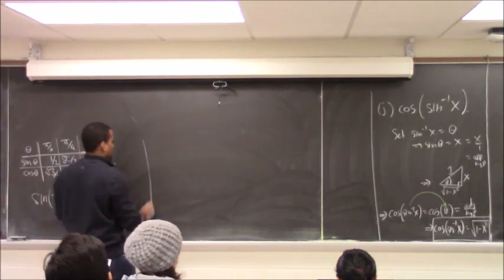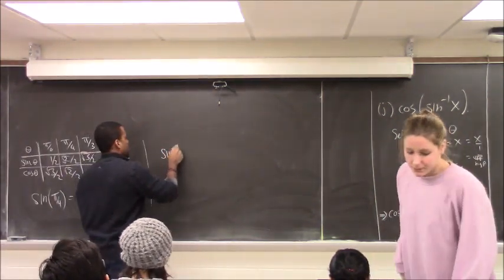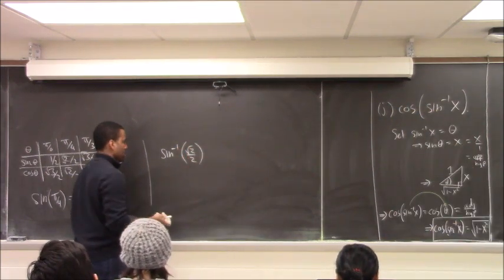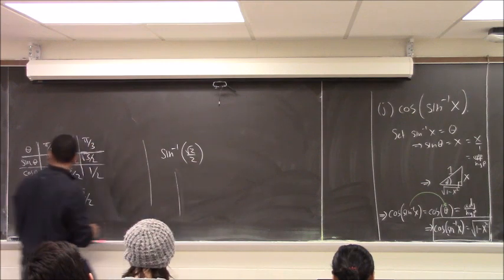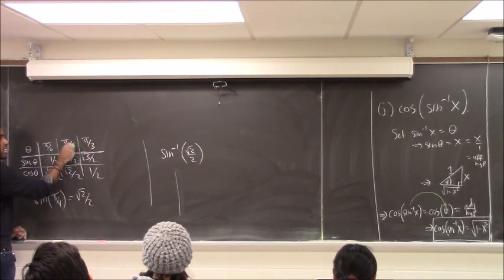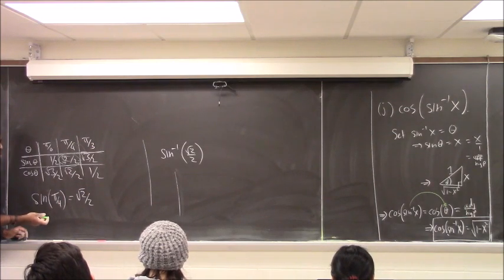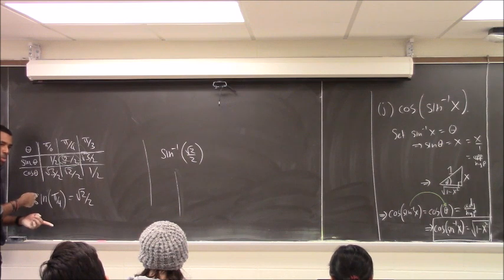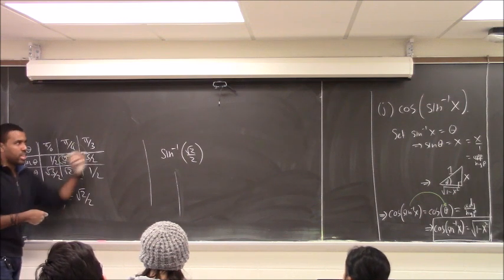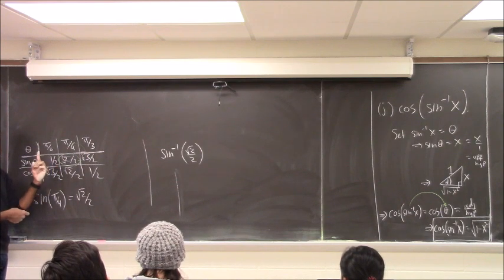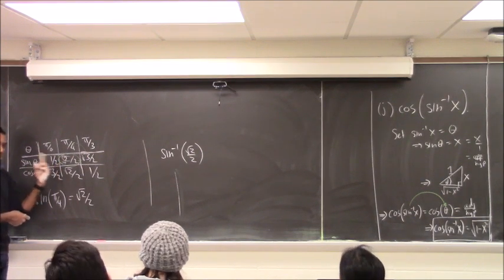But if someone asks you, what is the sine inverse of radical 2 over 2, it's the opposite. They're actually giving you what's inside the table, and you have to figure out what heading that came from. So knowing one, you automatically know the other. If you're having trouble thinking of that, what it really means is you have trouble thinking of this, and the only way you should have trouble is if you haven't memorized it.